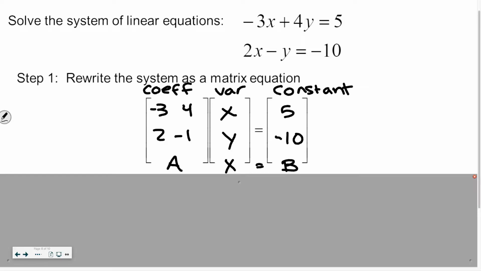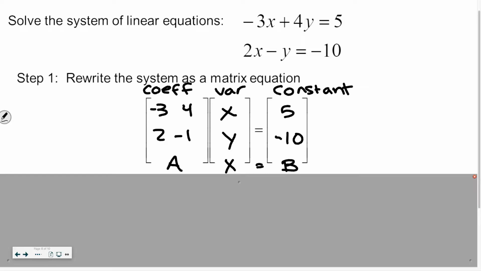If I took row 1, negative 3 and 4, and multiply it by this column, it equals the first entry over here. So it's saying negative 3x plus 4y equals 5. That's the first equation. And if I do row 2 times the column, it should equal the second row. So that would be 2x minus y equals negative 10. So it really is writing the system.